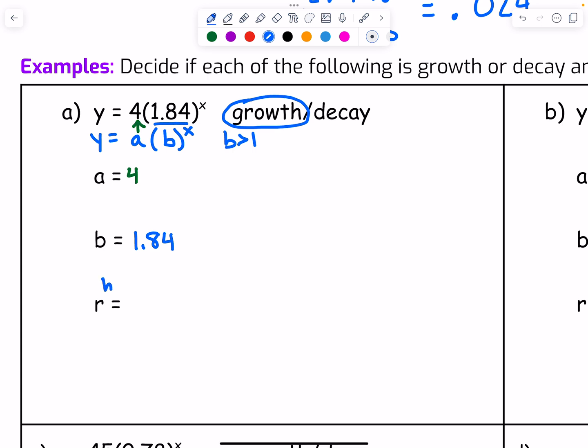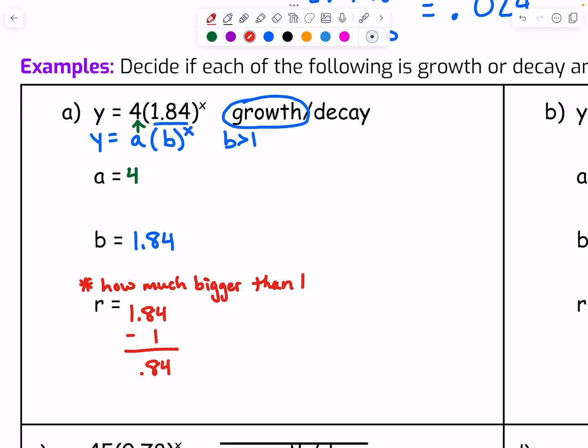So the rate is, in this case, how much bigger than 1. So if I have 1.84, to figure that out, I just have to subtract 1. And then I get 0.84 left over. So my rate of growth is 0.84.